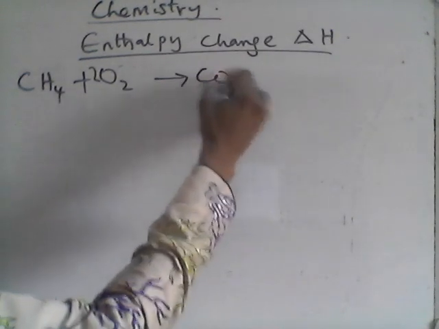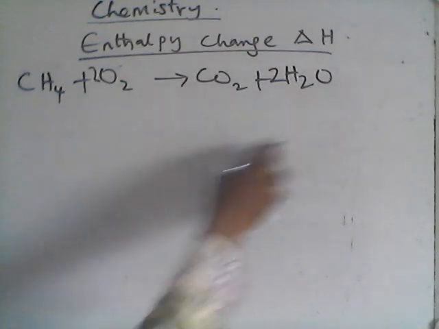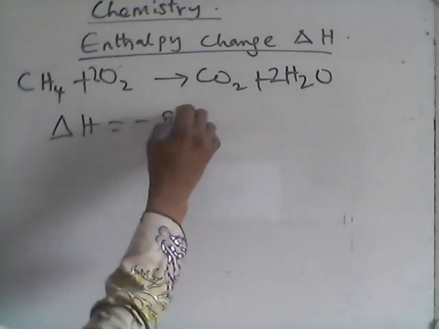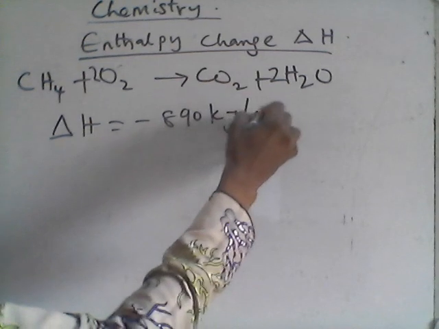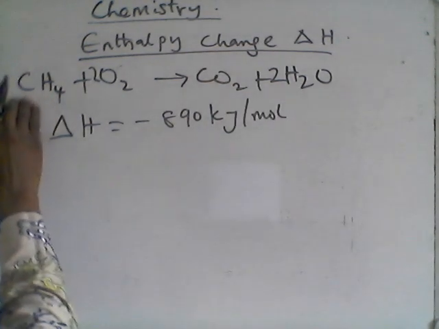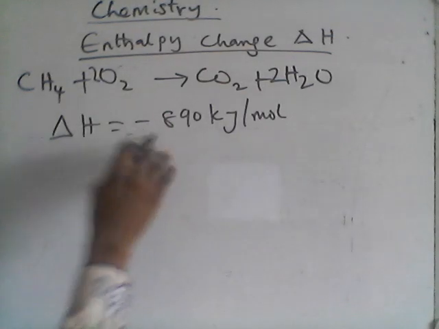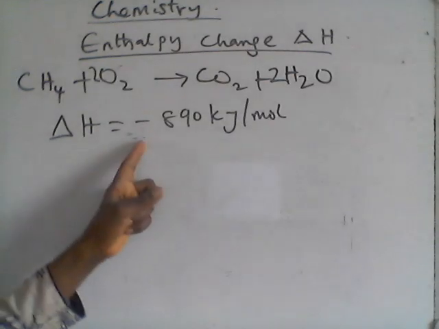Water is liberated, and you'll be given enthalpy change as minus 890 kilojoules per mole. If you see this information with the chemical equation, just use this minus sign to know that the reaction is exothermic. Why? Because the enthalpy change is negative.